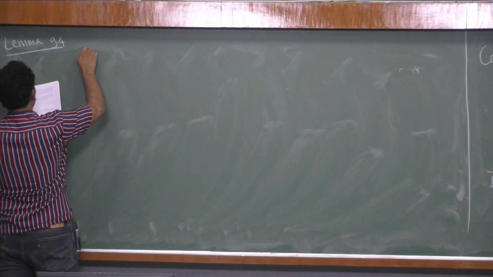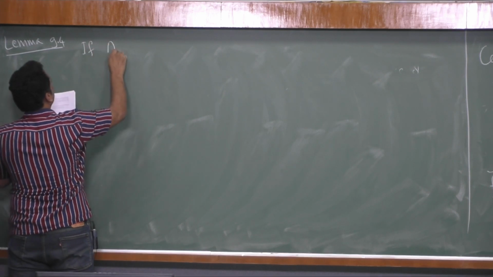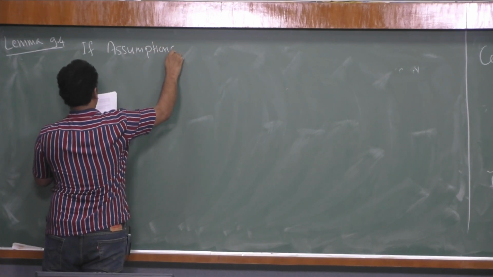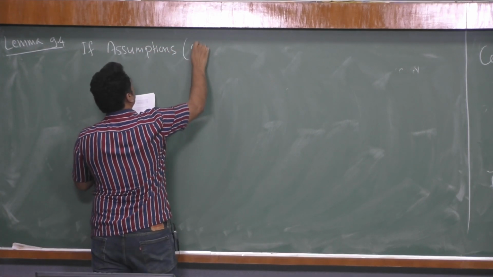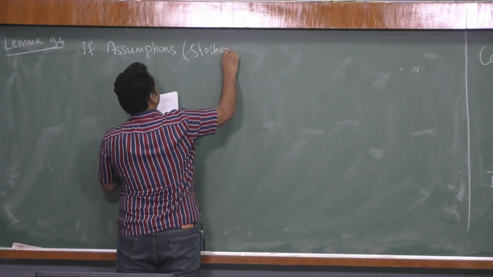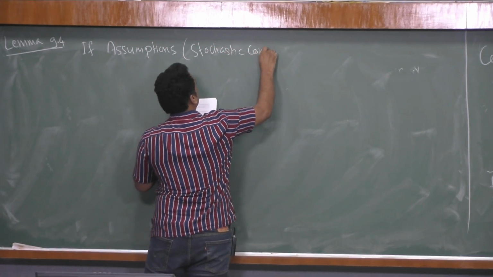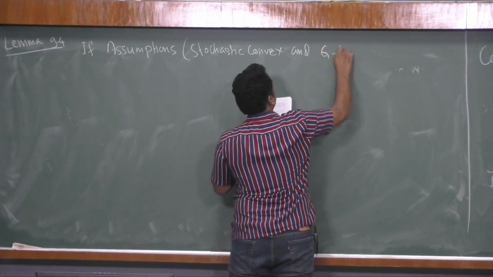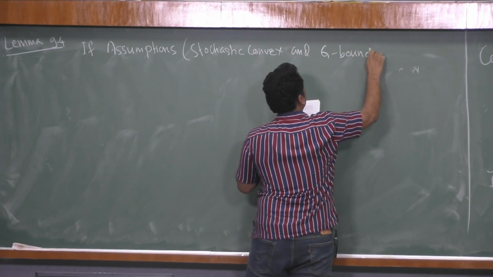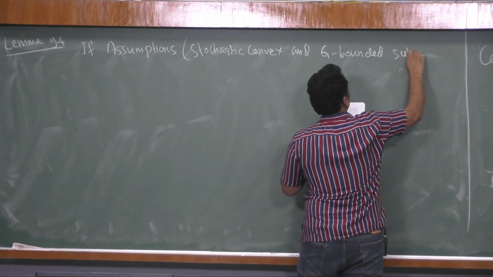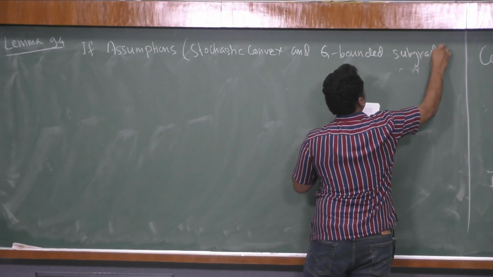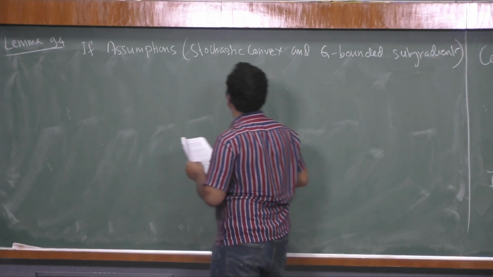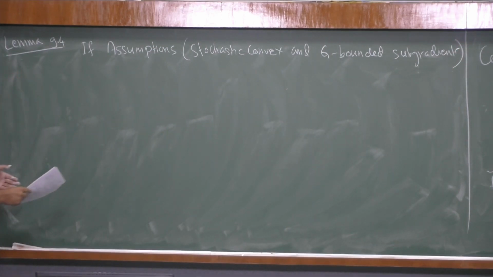So if the assumptions hold, which are stochastic convex and G bounded subgradients, okay. So these are the assumptions, stochastic convex and G bounded subgradient.